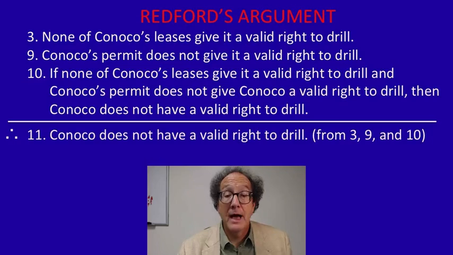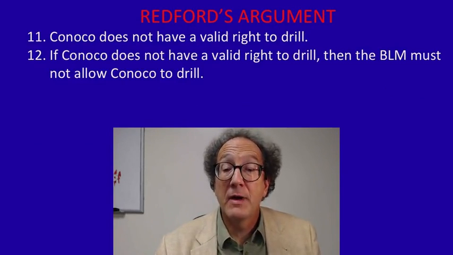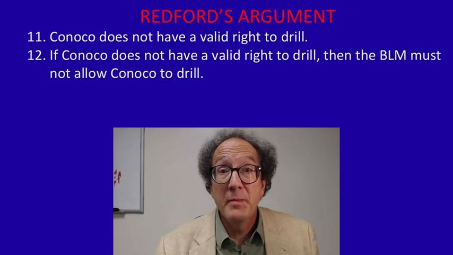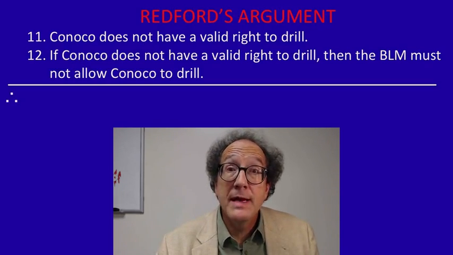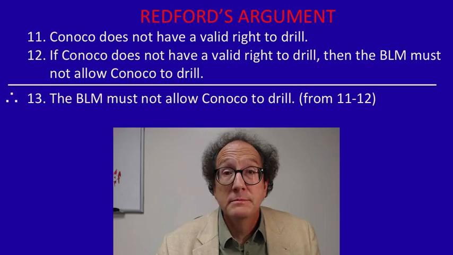Therefore, 11, Conoco does not have a valid right to drill. 12, if Conoco does not have a valid right to drill, then the BLM must not allow Conoco to drill. Therefore, 13, the BLM must not allow Conoco to drill.